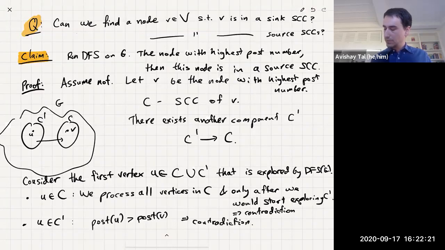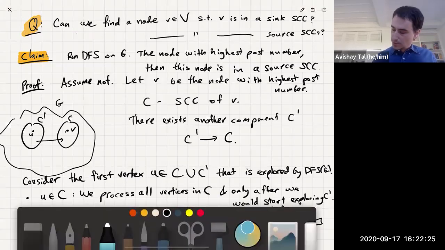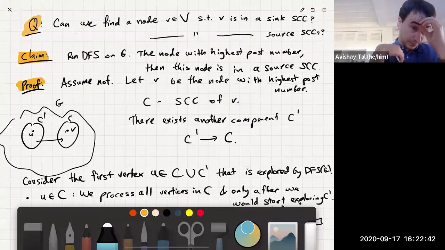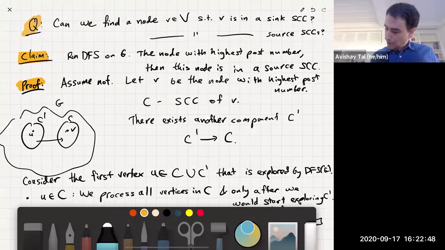And this proved, what did we prove? We proved that if we take the vertex with the highest post number, then this vertex belongs to a source strongly connected component. Okay. All right, so I think this was like the hardest proof that we saw so far.